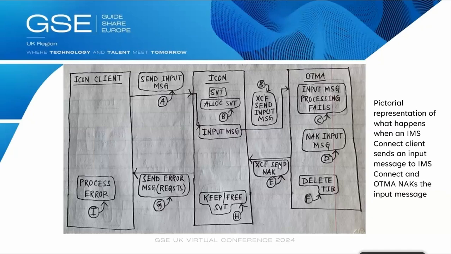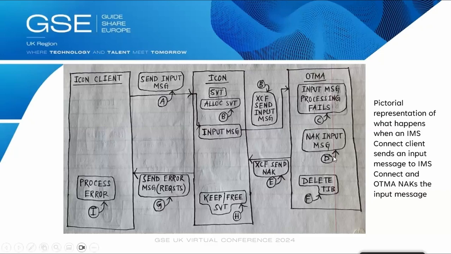Moving on to C, OTMA will process the input message, but in this case, one or more errors occur in OTMA while it tries to process the input message. An error could be things like invalid transaction code, stopped transaction, security failure, maybe an expired message, TIB or TPI flood, to name a few.